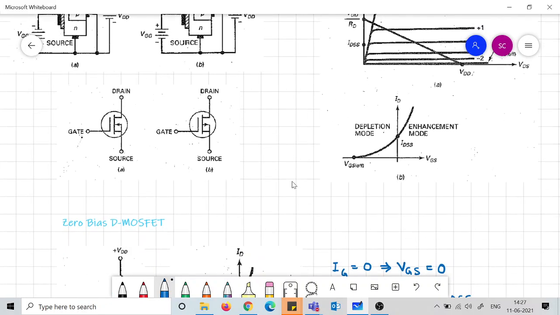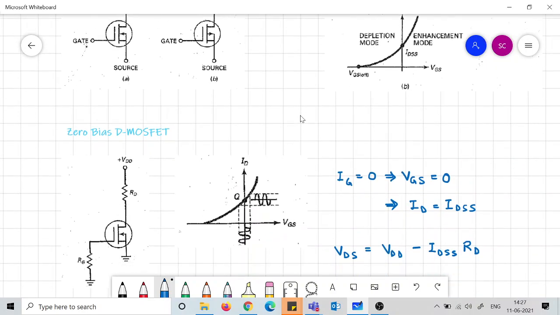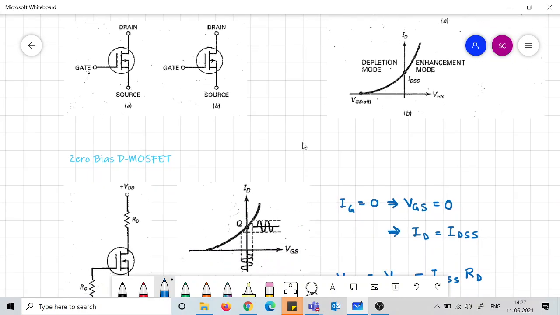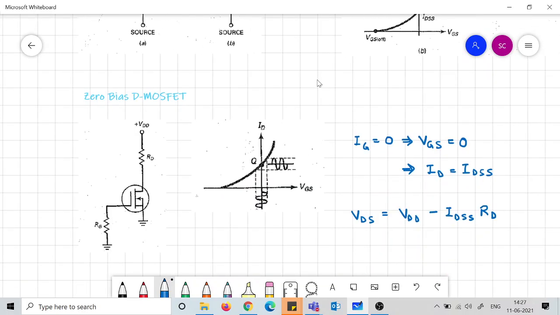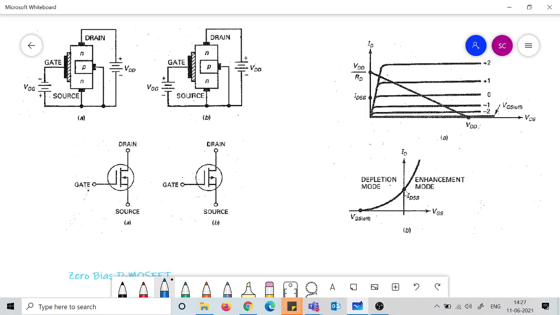So there is the JFET. If you remember, the JFET did not have any enhancement mode. It was only in depletion mode, right? It was only having this part of the curve.